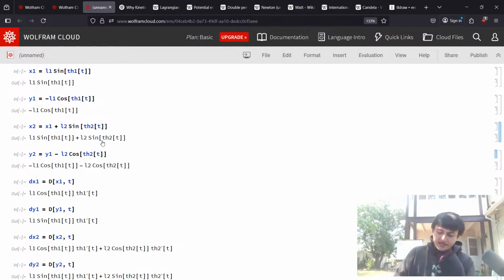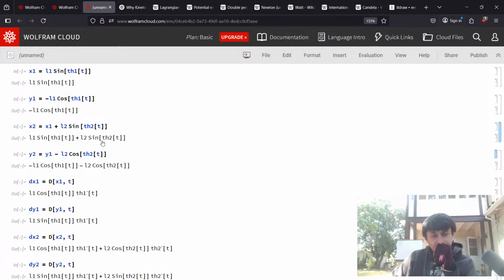So what is the kinetic energy of the first pendulum? The kinetic energy is the amount of work required to accelerate a particle of mass m from rest to speed v, if m is constant.